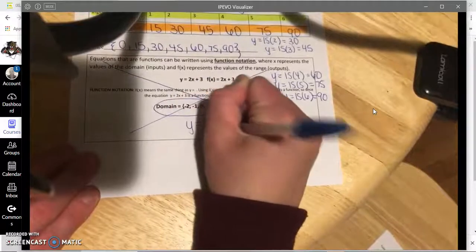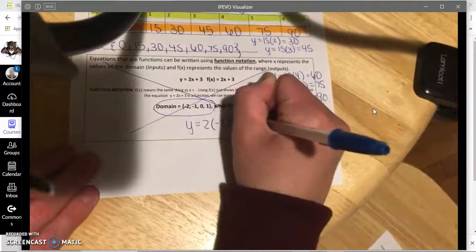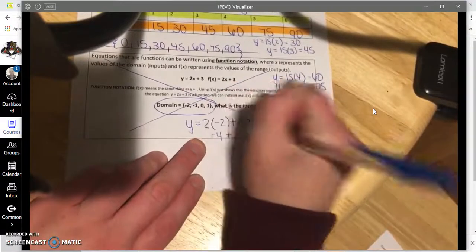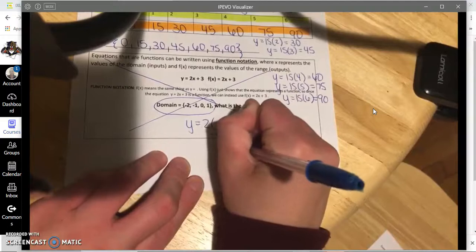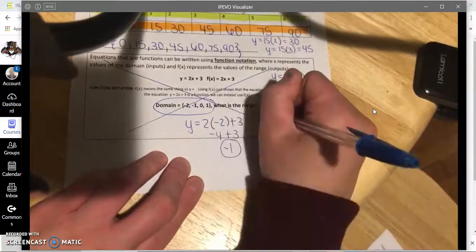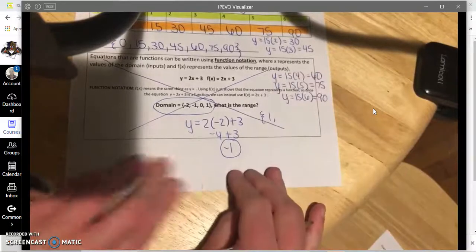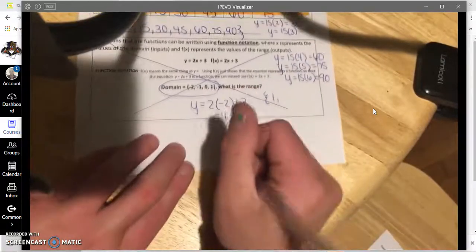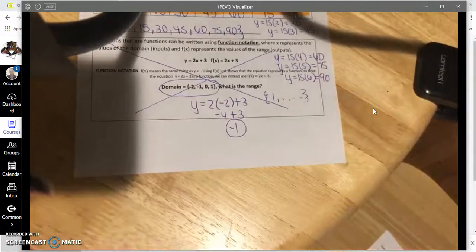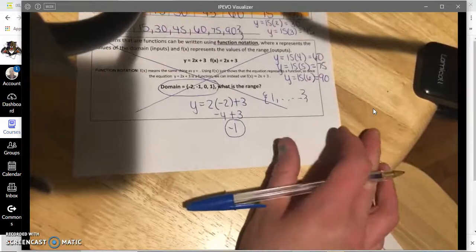Y equals 2 times -2 plus 3. -4 plus 3. -1. So one of our range values is -1. And you would do that for each of them. But I'm going to let you fill that in if you want to do that on your own time.